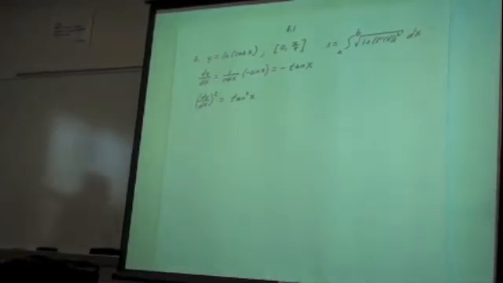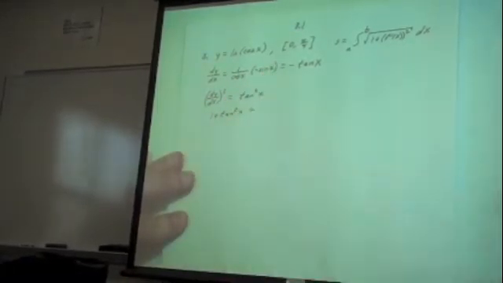So now, inside of this square root, I'm going to end up with a 1 plus tangent squared x. Hopefully you remember, it's one of your Pythagorean formulas from trigonometry. 1 plus tangent squared is secant squared.